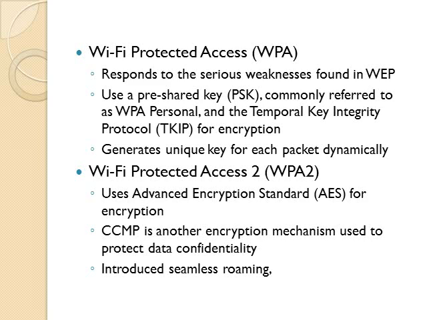WPA2 introduced more seamless roaming, allowing clients to move from one access point to another on the same network without having to re-authenticate. This is the latest one, the one we are using in most wireless LANs as the security.